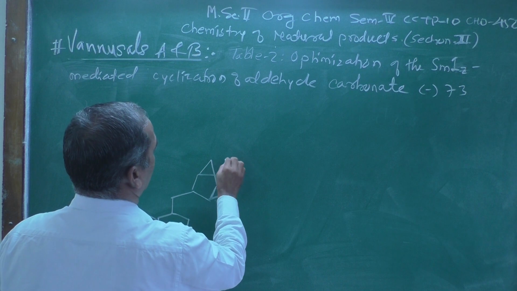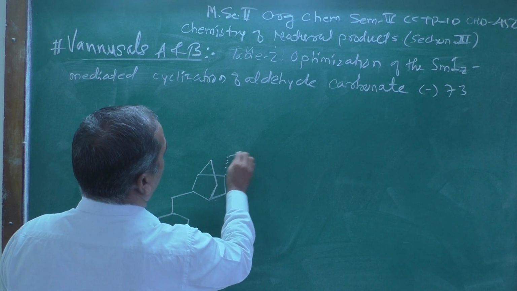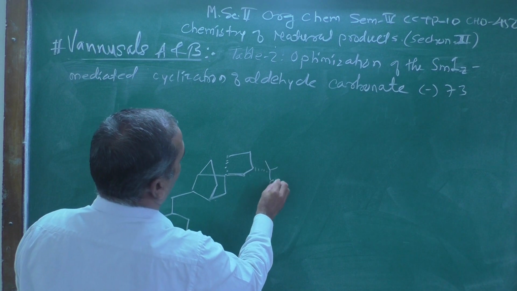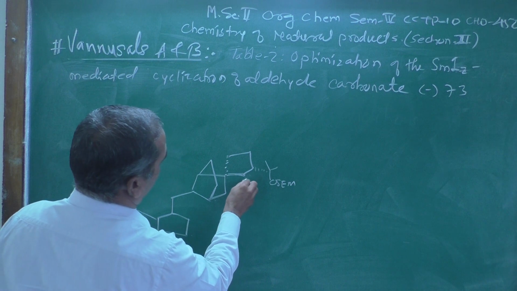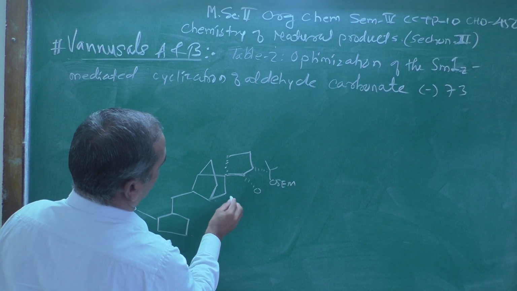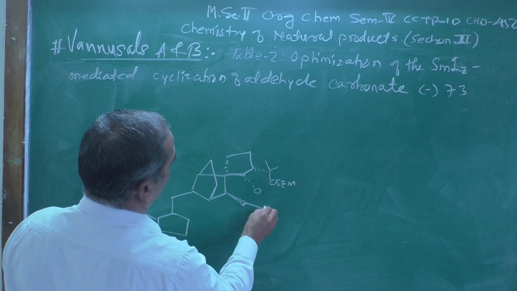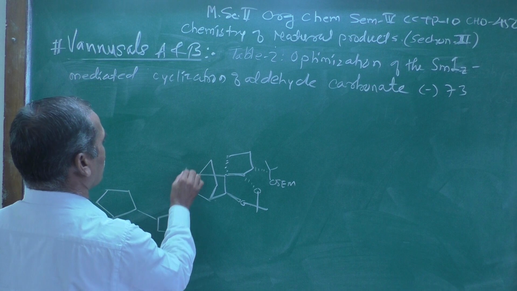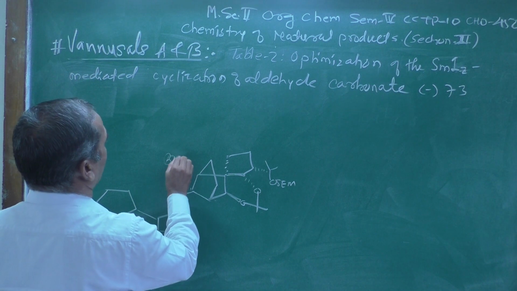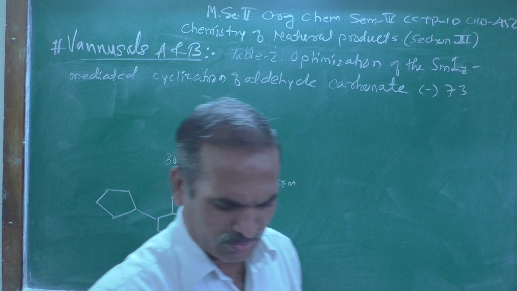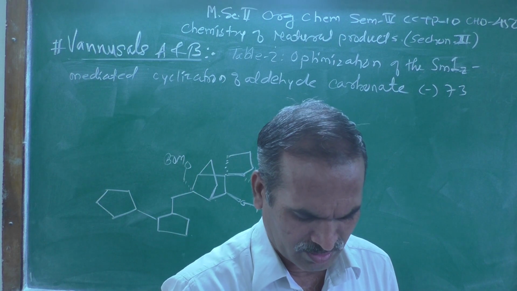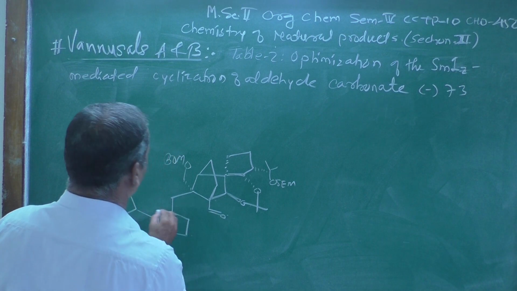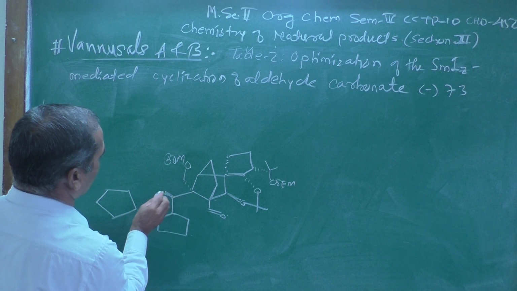Look at this structure: a 5-membered ring where there is an OSEM, then this group also gets protected, and one of the groups is BOM, and then here is an aldehyde group.